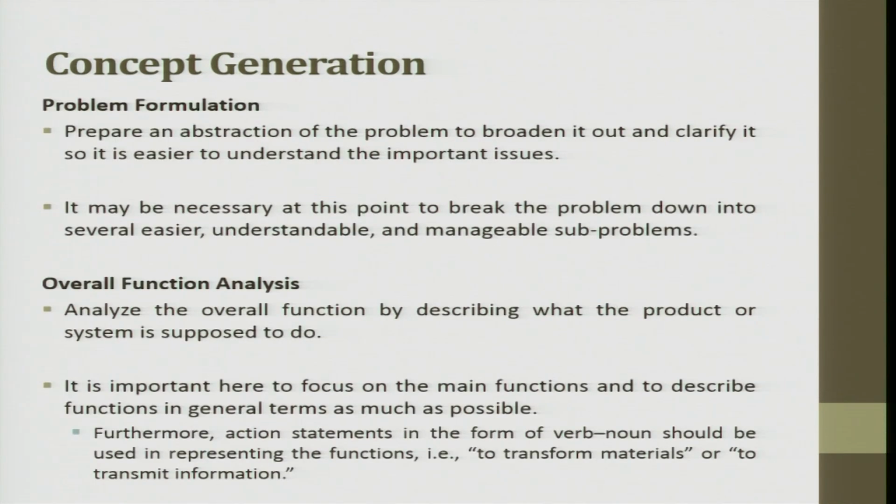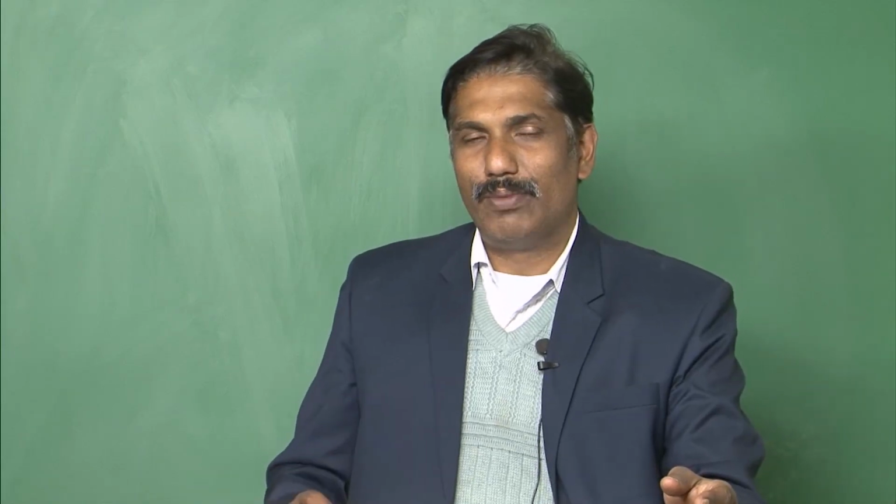See the problem formulation: prepare an abstraction of the problem to broaden it out and clarify it, so it is easier to understand the important issues. So, in the problem statement you should try to say the issues which are attached. Prepare an abstraction, that is what I told last time also. An abstract has to be done. I need to buy a sweater.